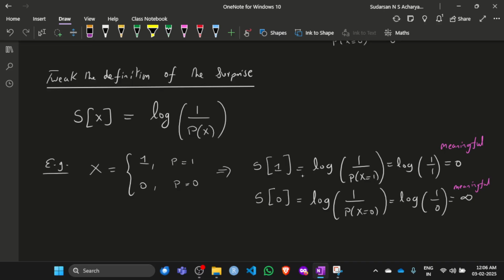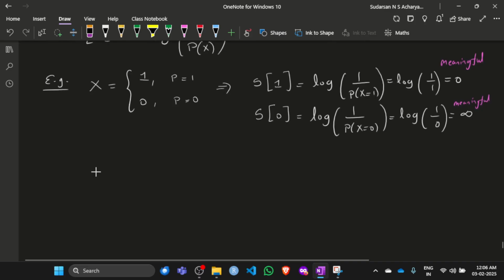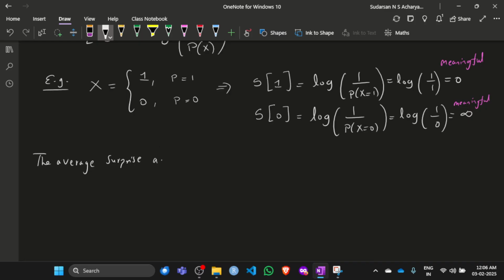But then there are many possible surprise values. What is the average surprise? So the average surprise associated with the random variable, or the expected surprise, right?